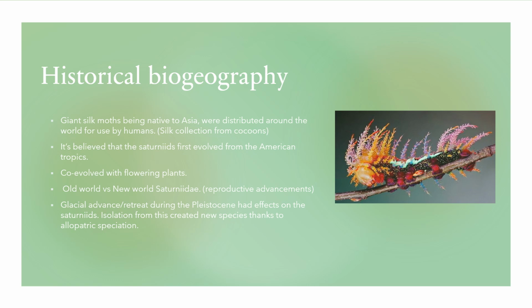These guys co-evolved with different flowering plants that they were around, so the plant changes, the animal adapts to that change. You all know that. Something I found was that they went from what was considered Old World to New World Saturniidae. Basically, there are reproductive advancements in the New World ones now.